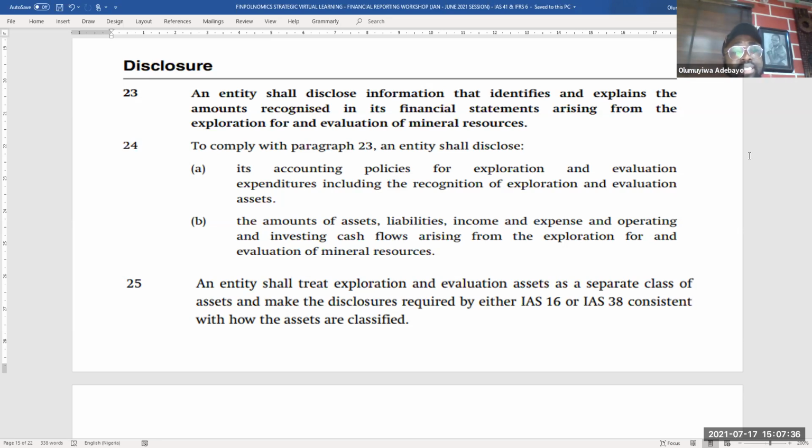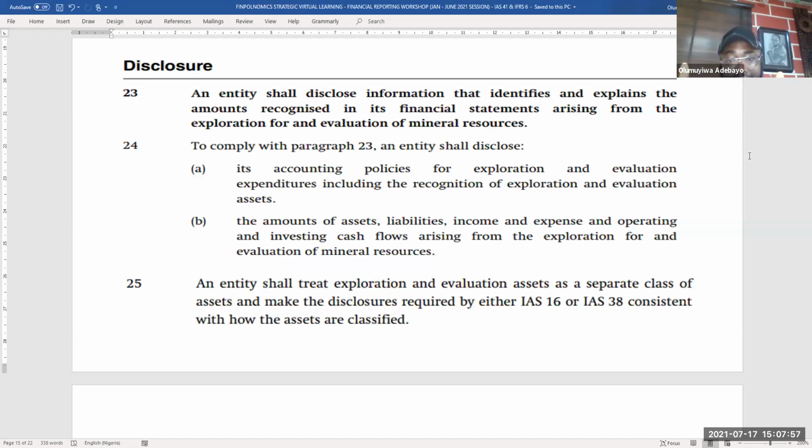And finally, paragraph 25 requires an entity that treats exploration and evaluation assets as a separate class to make disclosures in line with IAS 16 or IAS 38 in a consistent manner that depicts the nature of that asset.